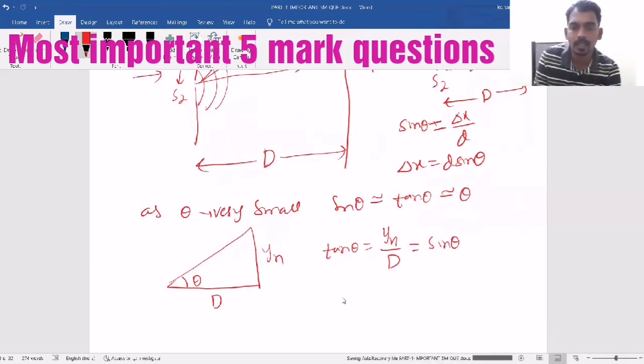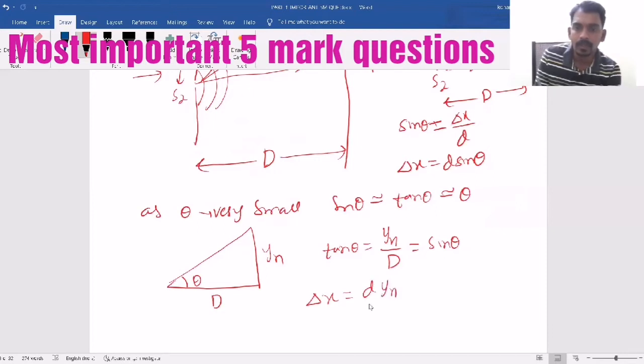So the path difference between the two light waves, delta x, becomes d sin theta, nothing but d yn by capital D.